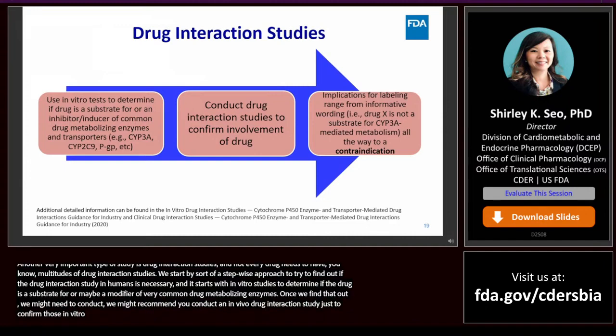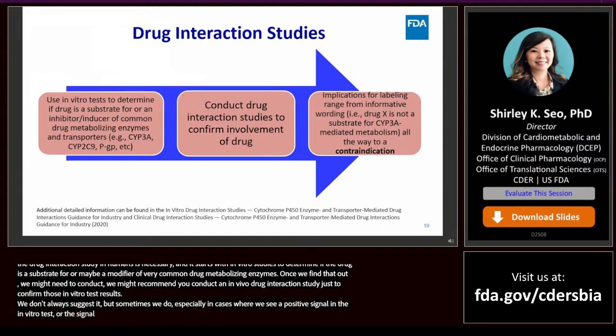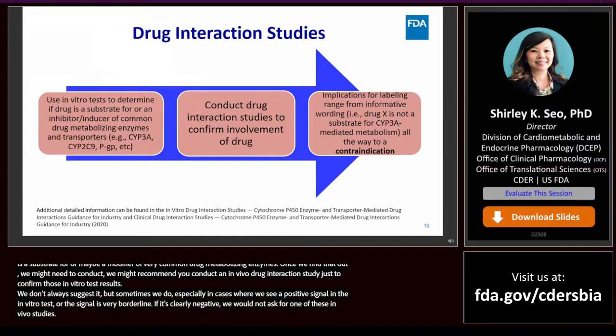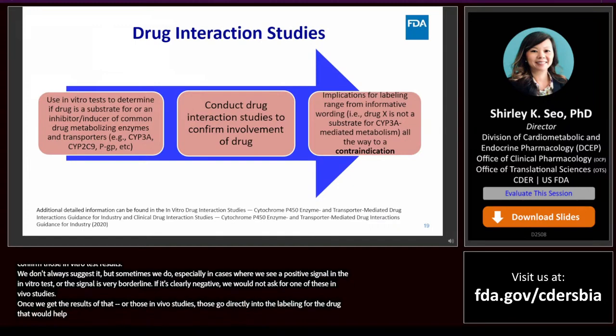We don't always suggest that, but sometimes we do, especially in cases where we see a positive signal in the in vitro test or the signal is very borderline. If it's clearly negative, we would not ask for one of these in vivo studies. Once we get the results of those in vivo studies, those go directly into the labeling for the drug that would help to inform healthcare providers and patients on how to take the drug.